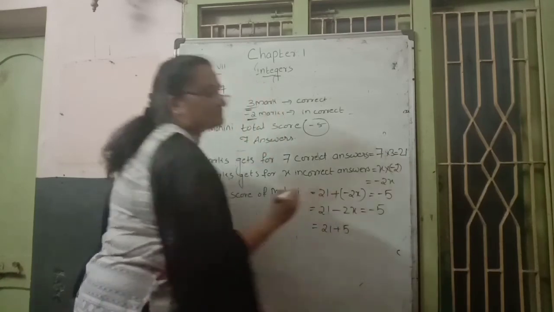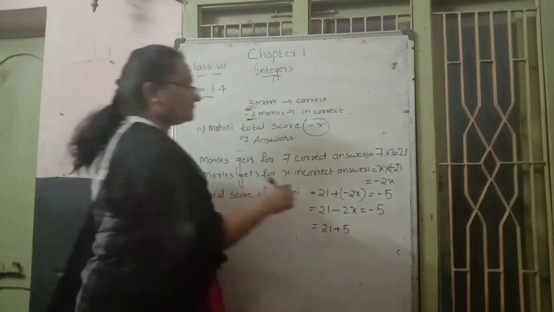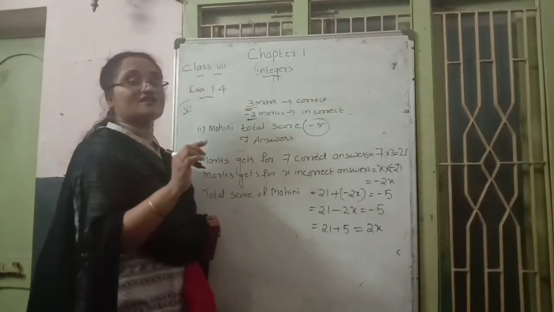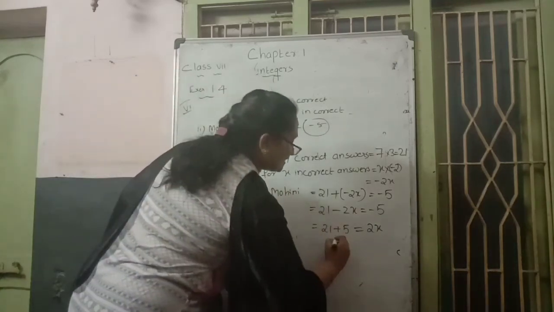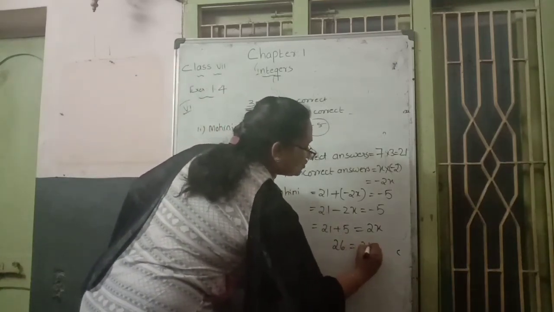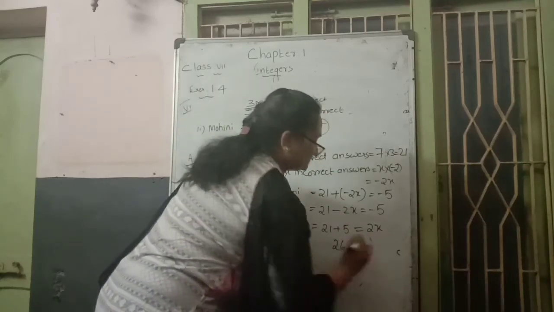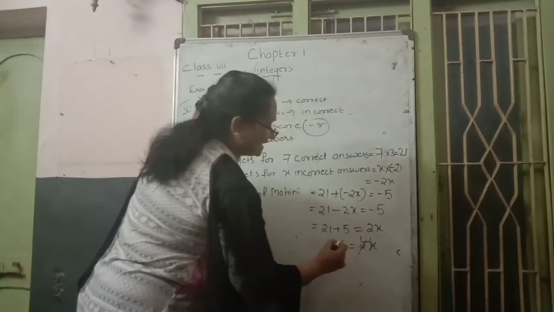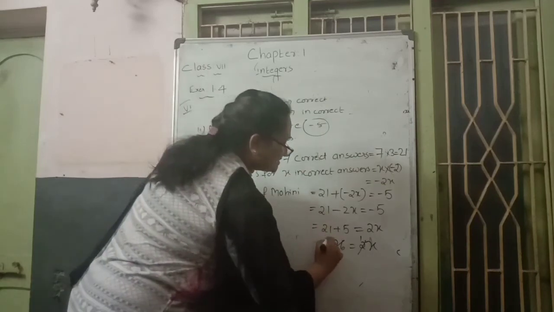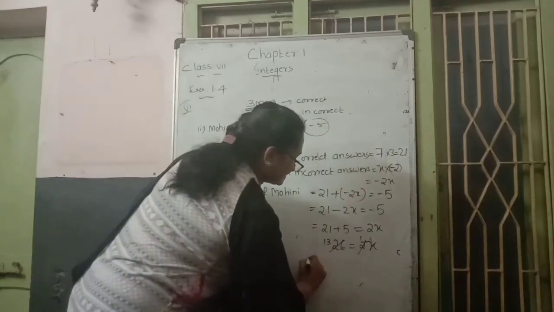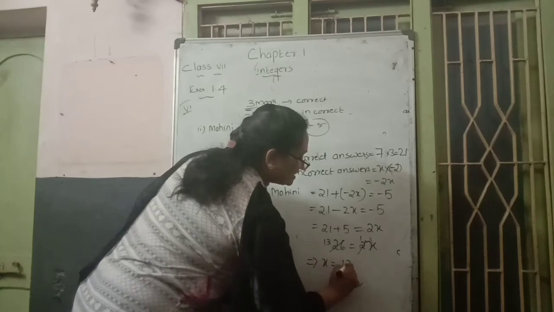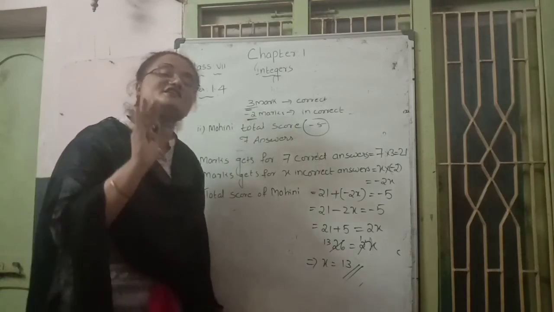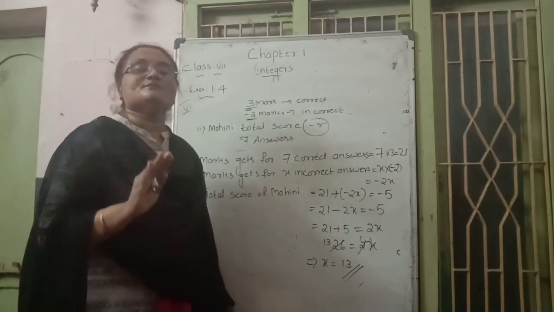The variable term minus 2x goes to the opposite side and its sign changes, don't forget that, so plus 2x. 21 plus 5 is 26, equal to 2x. Using the 2 times table, 2 times 13 is 26. So the number of incorrect questions is 13. Mohini made mistakes in 13 questions.